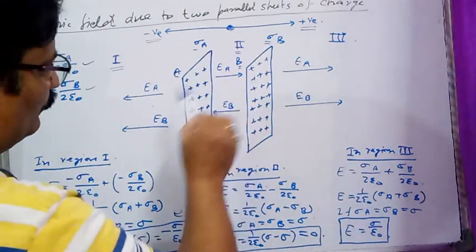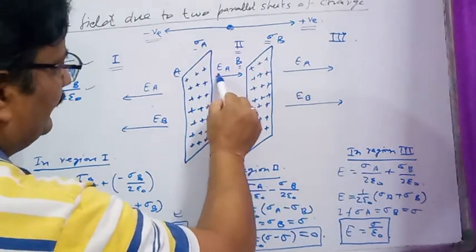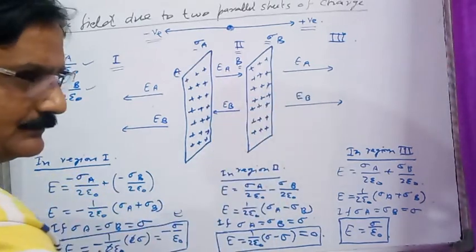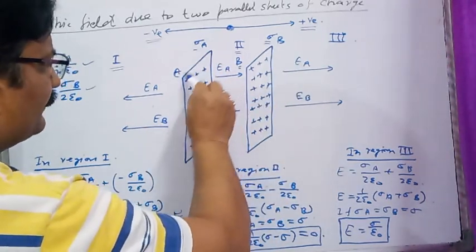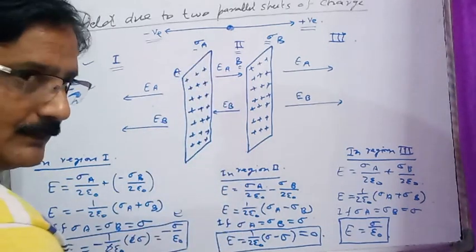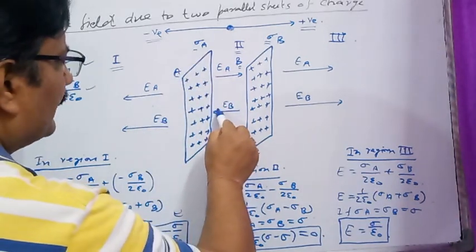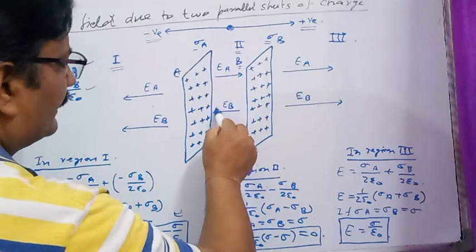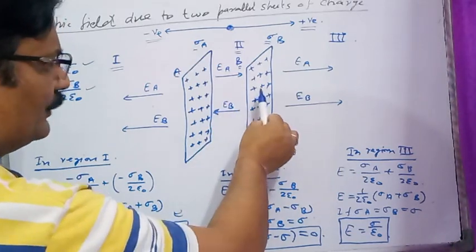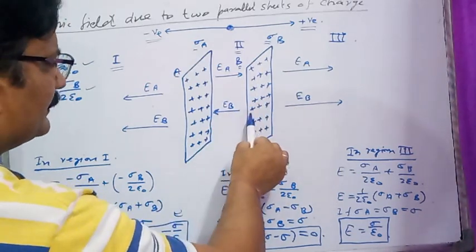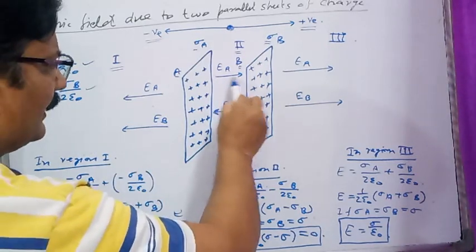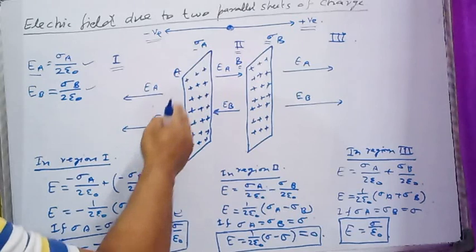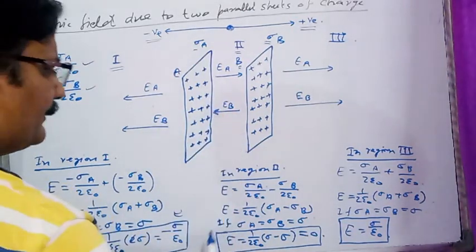See, in region 2, direction of electric field EA is towards right due to repulsion on the test charge in the presence of sheet A. Similarly, direction of electric field EB due to repulsion due to sheet B is towards left. So both the electric fields in this region are in opposite direction. So by sign convention, what can be the total value of the electric field?